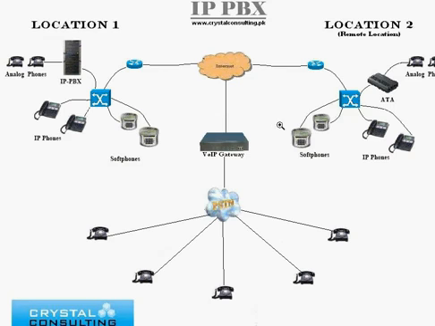It doesn't matter if it's location 1 or location 2, whoever is dialing would be using just one simple server right here. There are different models. This is one of the models. You could have different servers installed for your IP PBX depending on your needs and requirements.